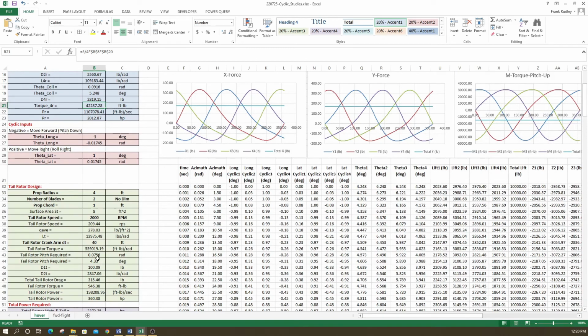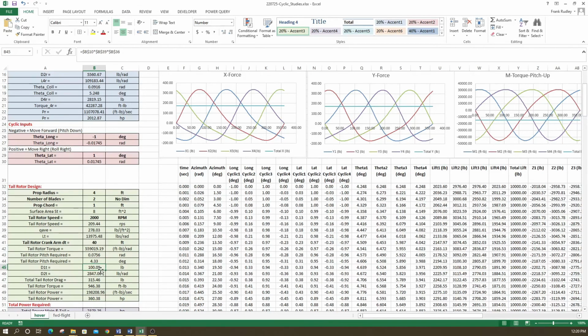So to get the pitch, we take this torque and divide it by this torque gain, and that gives us the tail rotor angle we need, how much pitch we need in the tail rotor. This is to cancel out that torque from the drag. So this is our anti-torque design here, and it winds up being 4.33 degrees.